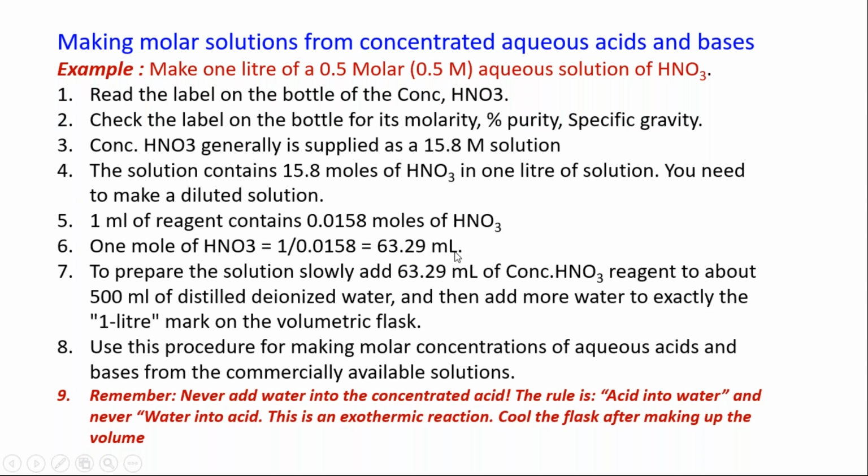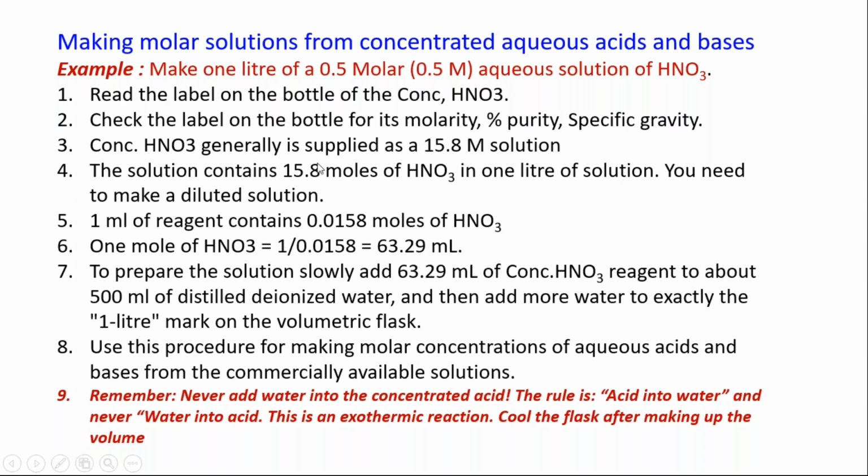To prepare a 0.5 molar solution of nitric acid, you will need to transfer 63.29 milliliters of nitric acid very carefully, and add the acid to about 500 milliliters of distilled deionized water. Then add more water to exactly the 1 liter mark in the volumetric flask.